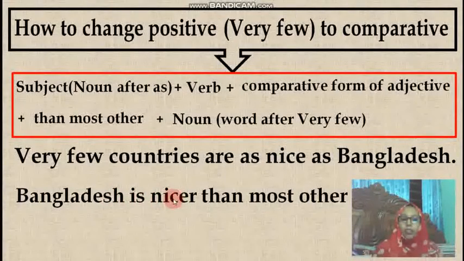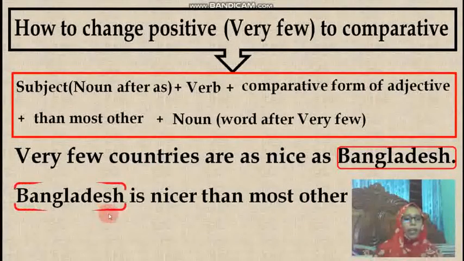Then the comparative form of the adjective. Here the adjective is nice, and this is nicer, and in place of "very few" we have to use "than most other", and at last we have to use countries. Bangladesh is nicer than most other countries.